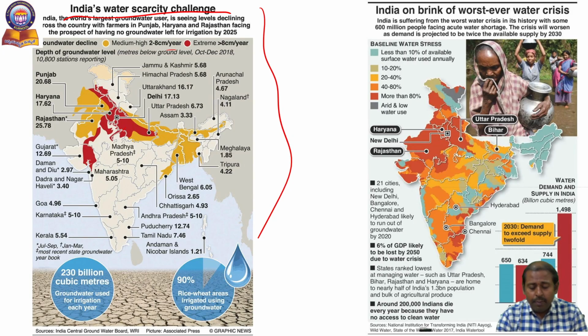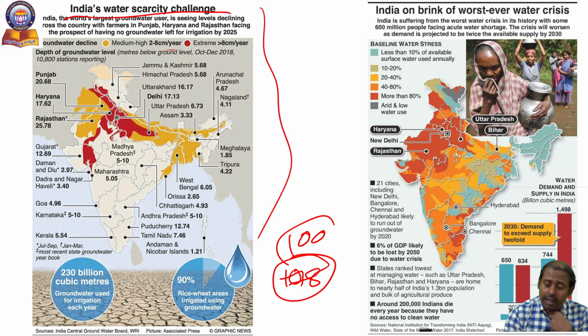In India, 90% of water is utilized for irrigation, mainly for rice and wheat areas. 230 billion cubic meters of groundwater is used for irrigation each year.